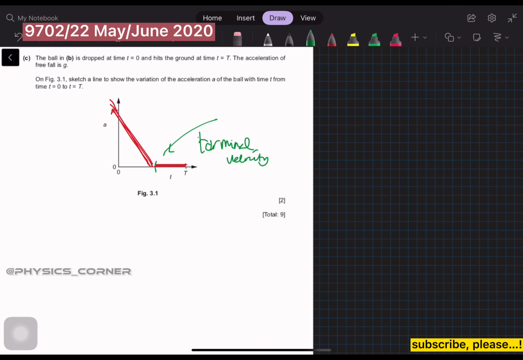Then the acceleration becomes zero, constant speed.